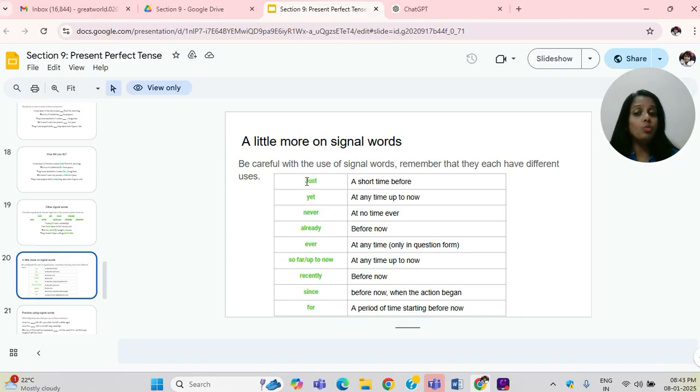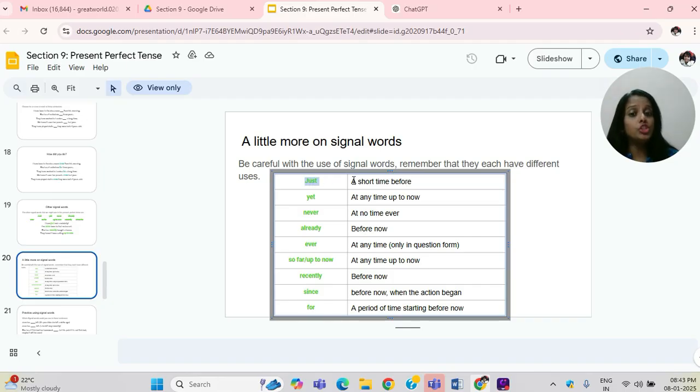When we are saying the word just, it means a short time before. Whenever you're coming up with a situation like at any time up to now, then you can use the word yet. At no time ever, then you can use the word never. Before now, already.